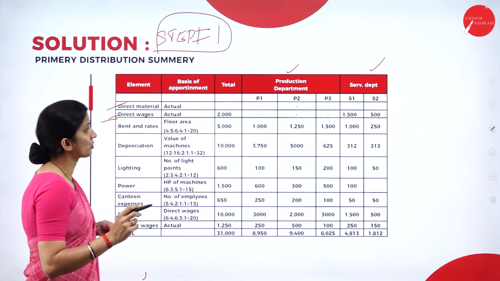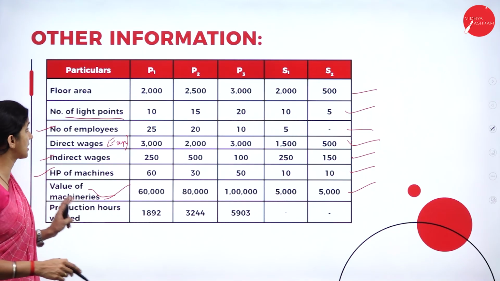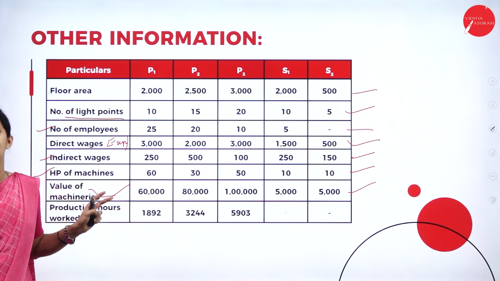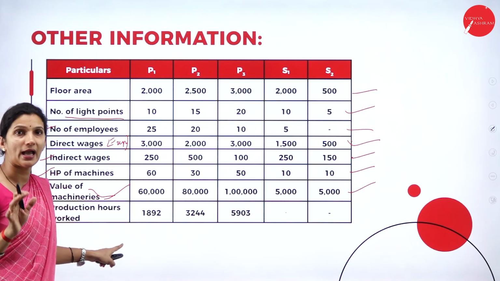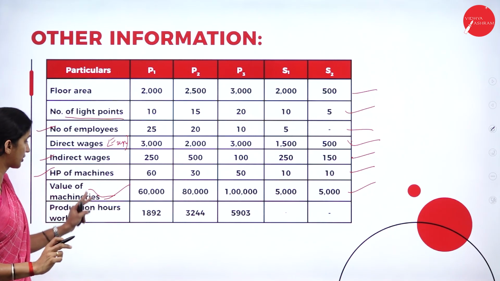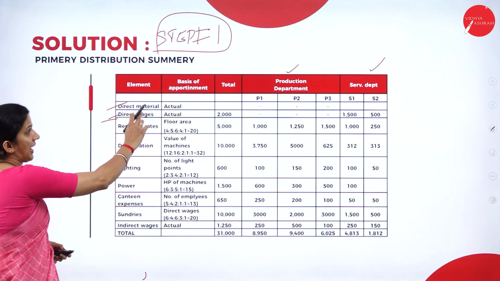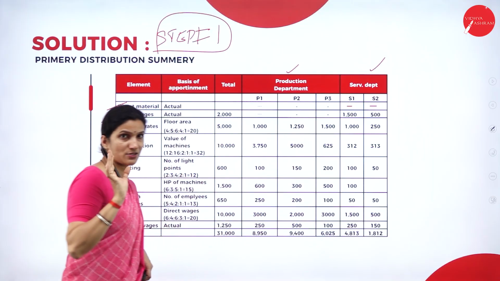So here in your question, we have to see the table of basis of apportionment. Anywhere in this table, we don't have the direct material. So the direct material for service departments is nil, it is not given.